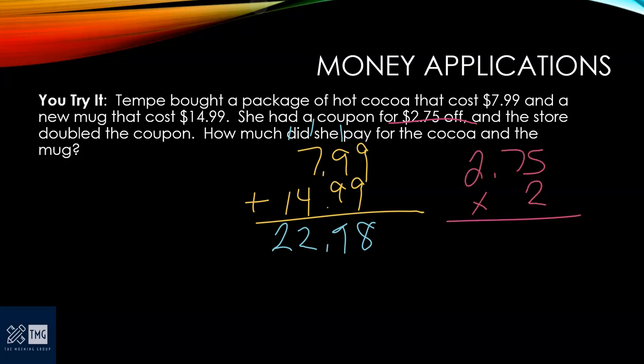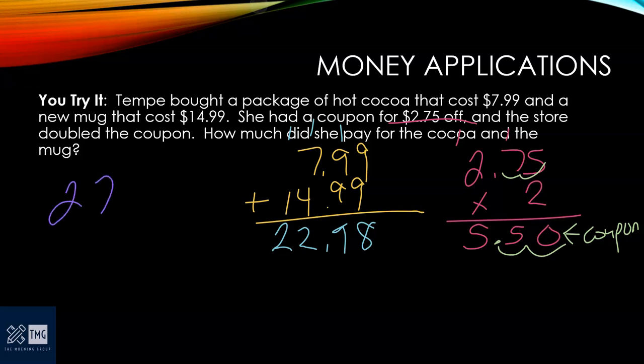Doubling it means times 2. So 2 times 5 is 10, carry the 1. 2 times 7 is 14, plus 1 is 15, carry the 1. 2 times 2 is 4, plus 1 is 5. Because there are 2 decimal places here, I'm going to have 2 in the answer. So $5.50 is the total amount of the coupon, or how much they're taking off.